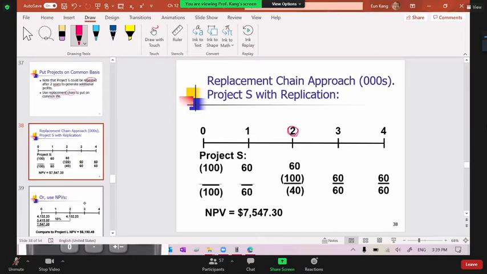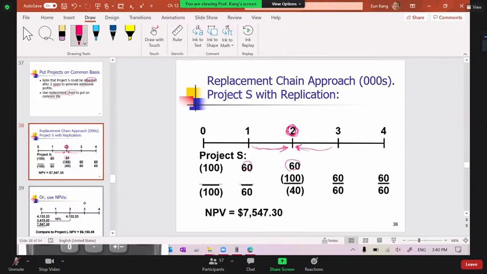Look at this year 2. Year 2 is end of second period, and also beginning of third period. So same time. So you have $60 in year 1 and year 2, but year 2 you start a new project.